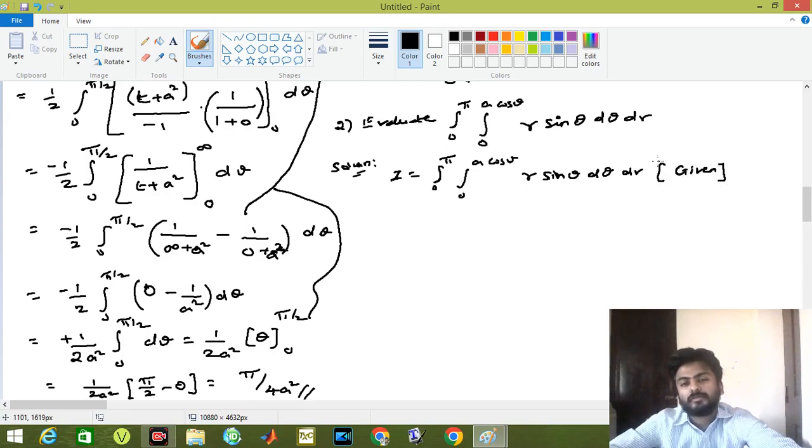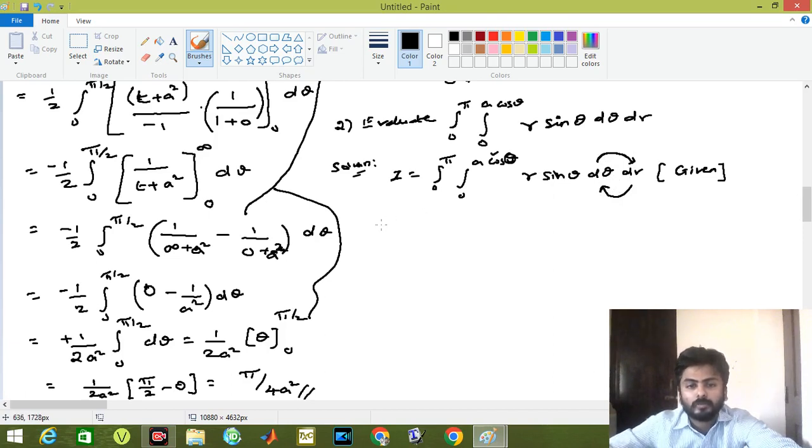But you have to check whether the given limits and the order of integration are correct or not. Here the limits are functions of theta, which means you have to integrate with respect to r first. But here it is theta, so it is wrong. So you have to interchange the limits.